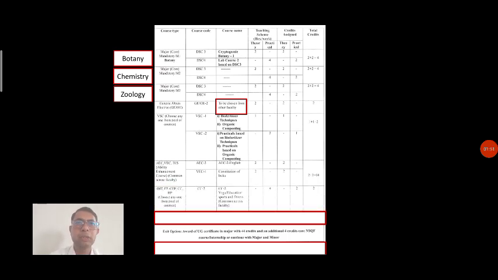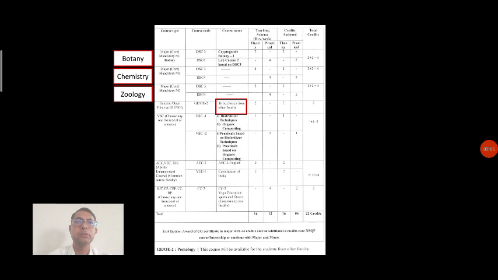Followed by this, you can see there is a VSC paper, that is biofertilizer and organic composting. So from these two papers, the student is required to select a particular subject, say for example, organic composting. Now if the student selects organic composting, the student also has to select, or by default will get, the practical based on this particular organic composting.